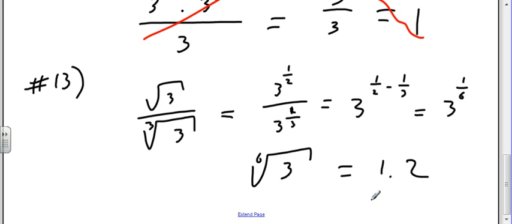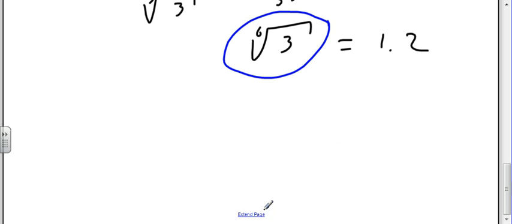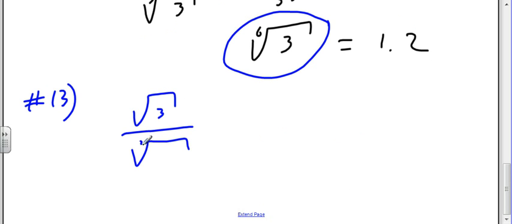Now the issue is, I cheated, right? We're in section 8.5. In section 8.5, I'm supposed to be doing it with radicals, and I went to fractional exponents to get the right answer. So now the issue is, can I do that without cheating, being faithful to the section that I'm in? So I got the square root of 3 divided by the 3rd root of 3.